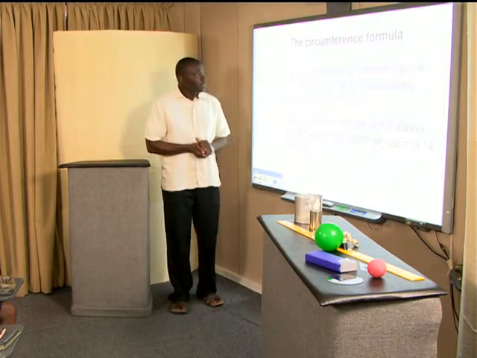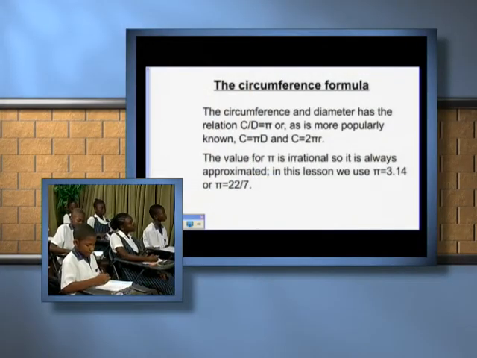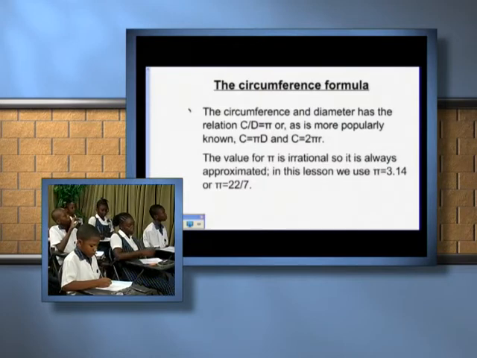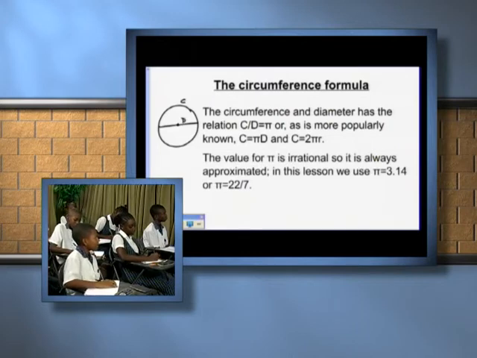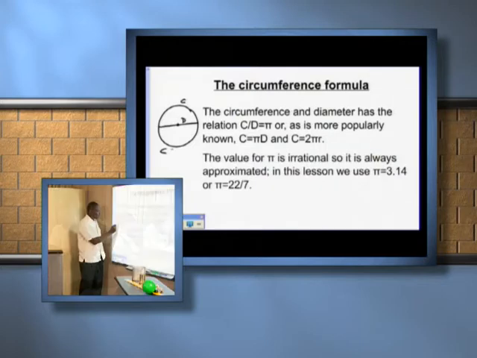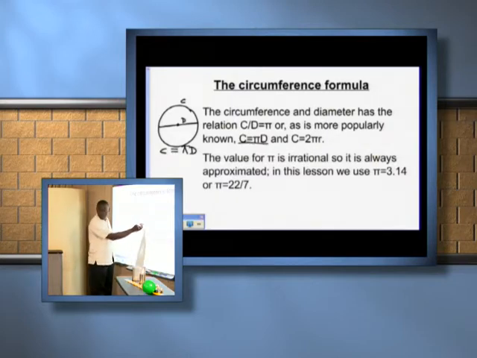The circumference and the diameter have the relationship as we mentioned before. However, in most books, if you were given the circumference and the diameter passing through the center here, rather than saying C divided by D is equal to pi, it is usually written as C is equal to pi multiplied by D, as is shown here.